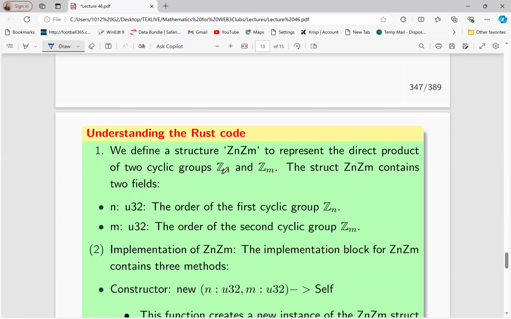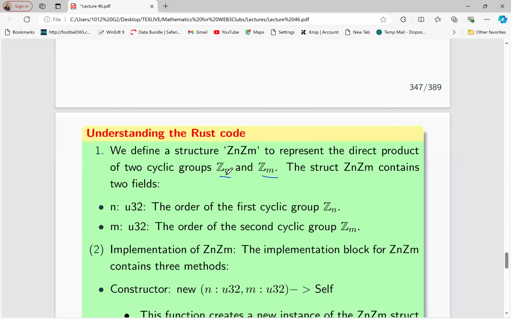The first part represents Zn, and the second part represents Zm. This one contains the fields, which are just the numbers that we're going to work with. Where n is the field, we're saying that this field is U32, and this other one is also U32.